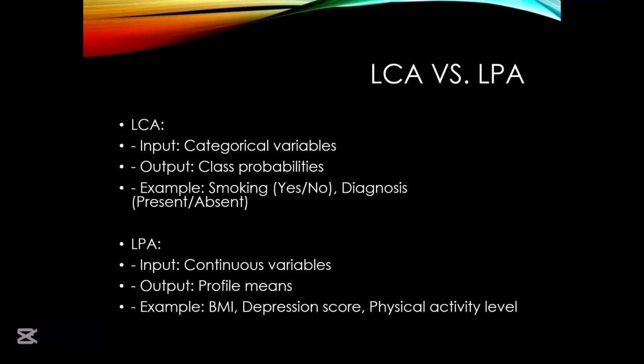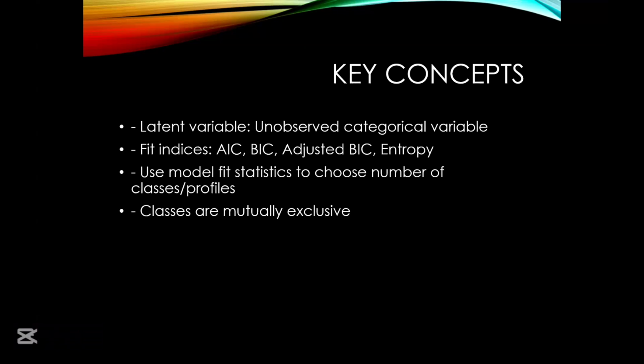So it's either the disease outcome is present or absent. And for LPA, our input is usually continuous variables, and our output is a profile of the means. An example could be the BMI or body mass index, depression score, physical activity levels, which are all continuous variables, and we can use them to predict the profiles.